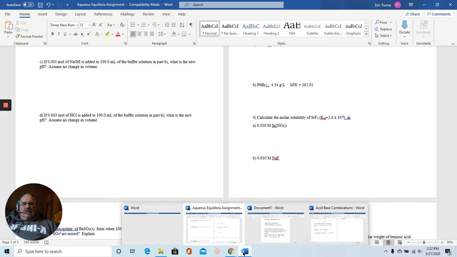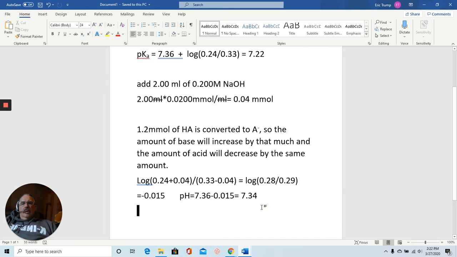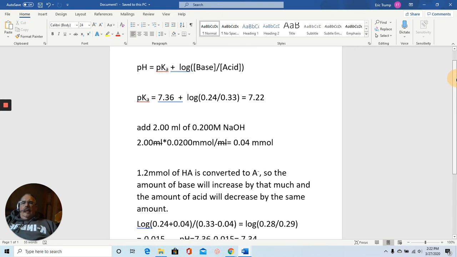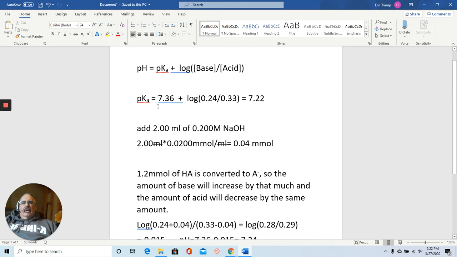I have a sample calculation of a similar problem. Let's say we have an acid with a pKa of 7.36 and the ratio of base concentration to acid concentration is 0.24 to 0.33. It turns out this is also the ratio of moles.